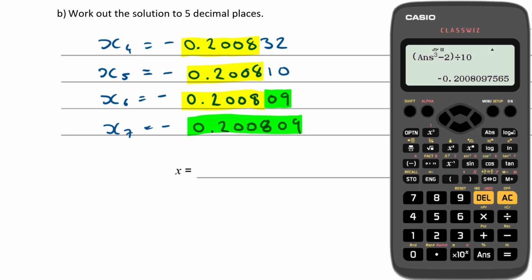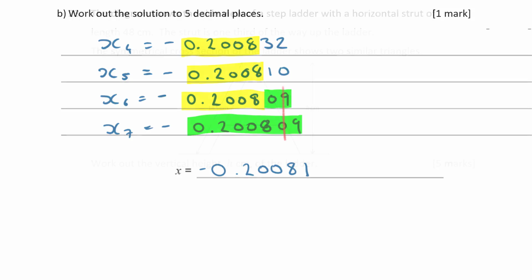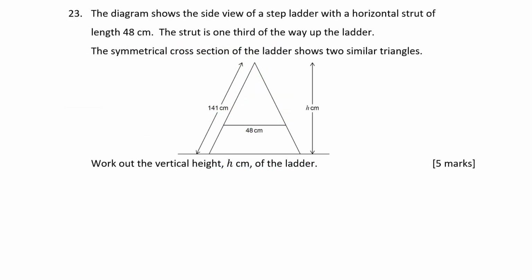We only need to quote this to 5, so really we should round off at this point. And because it's a 9, I'm going to round up. So my final answer I'm going to give is minus 0.20081.